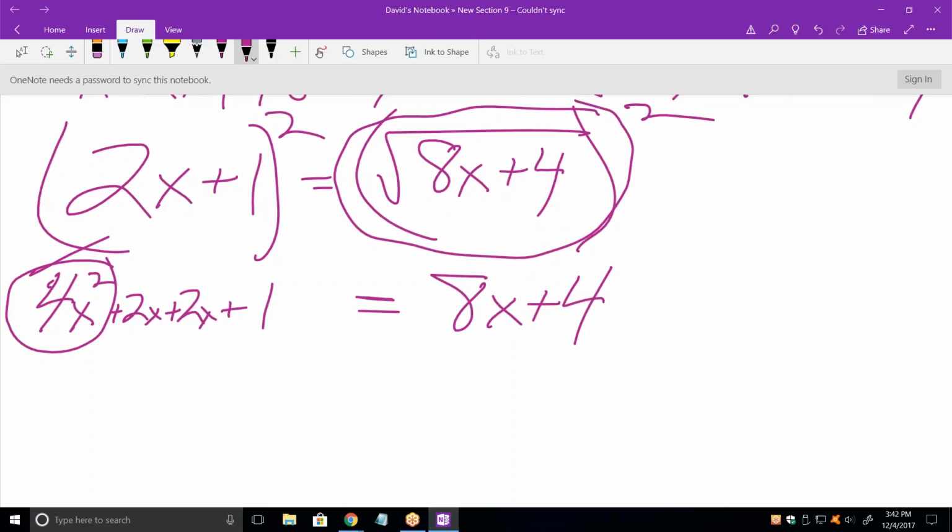That's what you want. It's hard to factor a quadratic if you have a negative coefficient on your x squared term. So everything on the right, move over to the left and simplify. What's next?